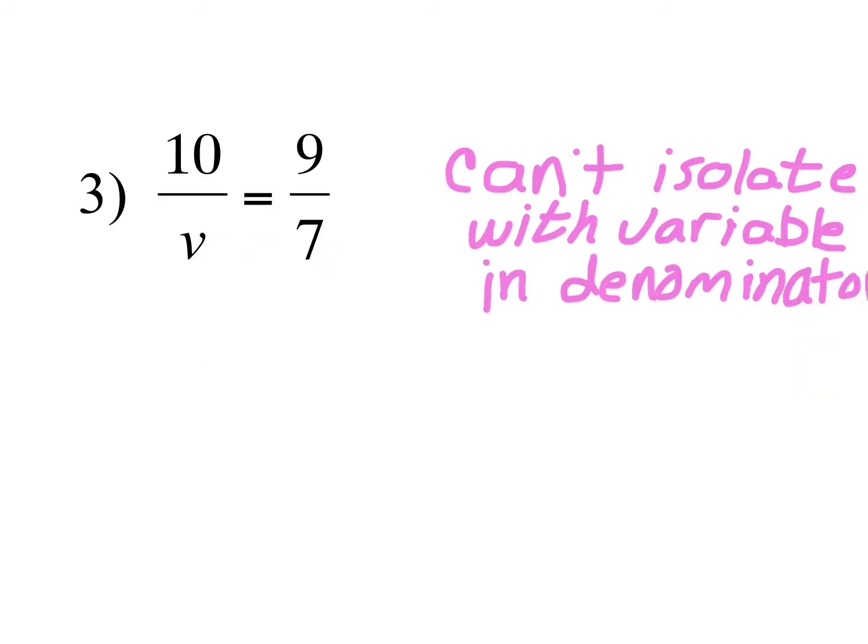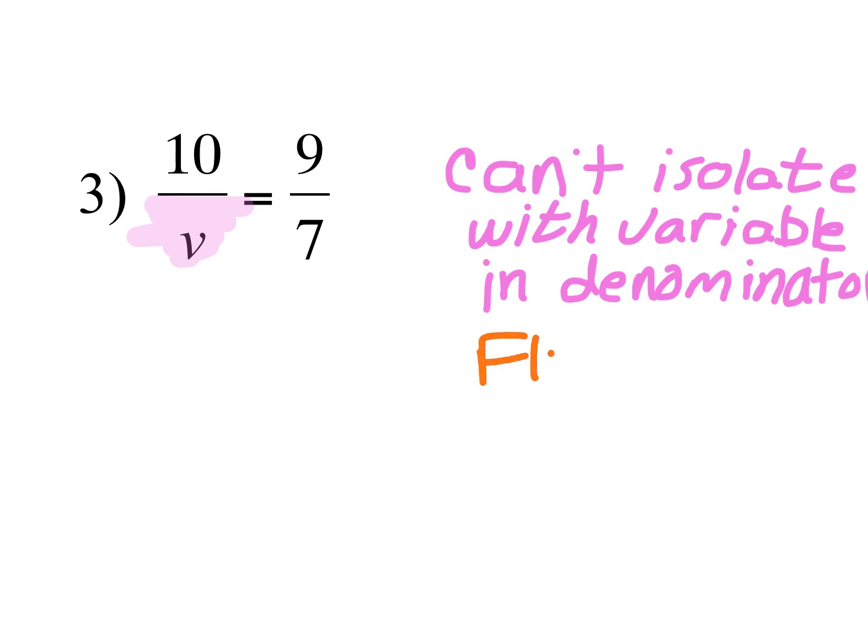Okay, problem number 3 is kind of the same idea as problem number 2. You can't isolate the variable when it's in the denominator. So I'm going to pause here for a second and give you a minute to figure out what you're probably going to do. Let's see if you can recall that to start. And hopefully you took a second to think about that.